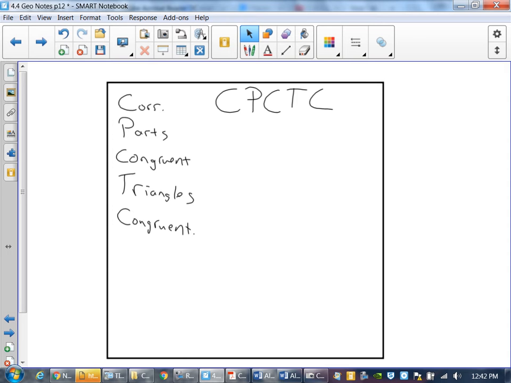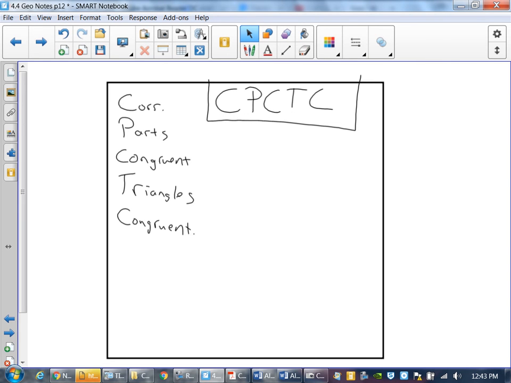So as soon as you can say that you have triangles that are congruent, all of the corresponding parts are congruent. So we use this thing called CPCTC because it stands for corresponding parts of congruent triangles are congruent, because nobody wants to write that out. Pain.